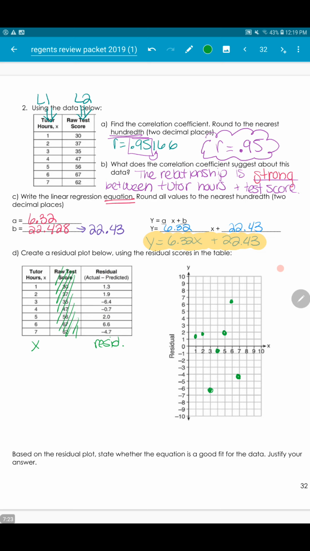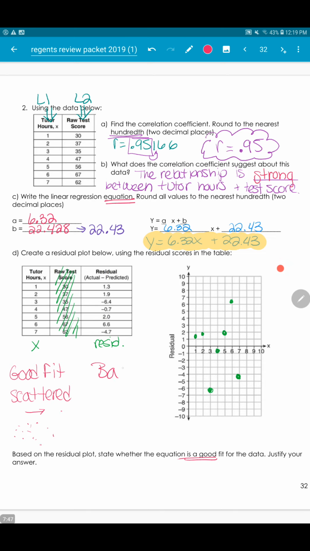Okay, and basically here's what you need to know about residual. The residual plot tells us if the equation is a good fit for the data. If it is a good fit, it means the residuals are scattered. Okay?